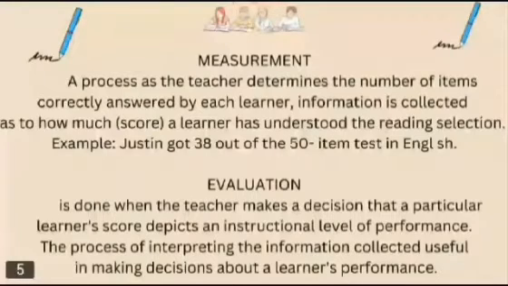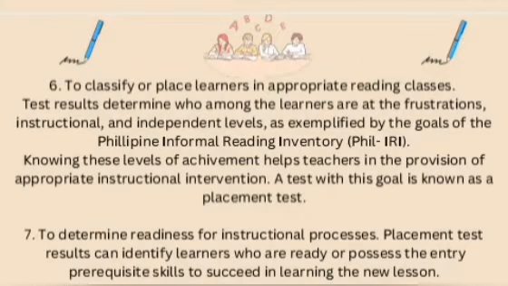So, evaluation is the process of judging what is good and what is desirable. Here, the teacher compares the data to a set of standards or learning criteria for the purpose of judging the worth or quality.